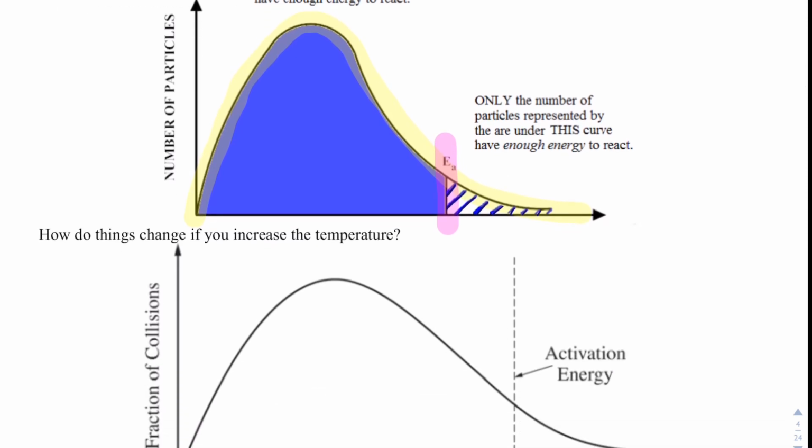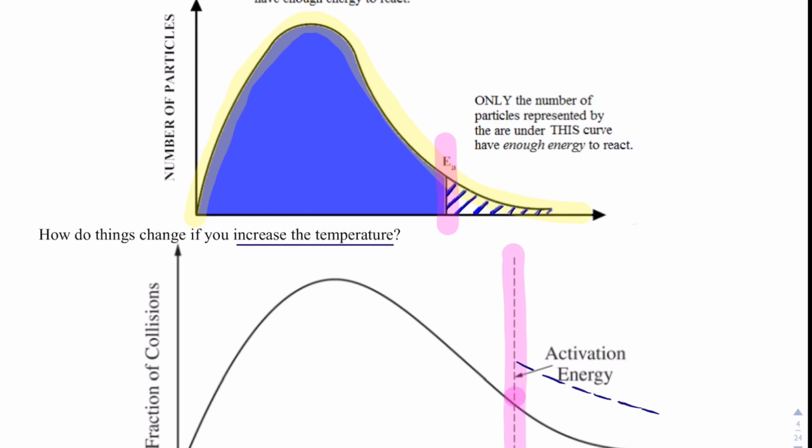And so if I increase the temperature, what that means is I'm going to have more energy, and so more particles are going to be able to react. So I'm going to make sure I make a point at my activation energy, and I'm going to draw with a dashed line what my graph might look like. So I'm definitely going to have more particles, or more area here, more particles that can react.